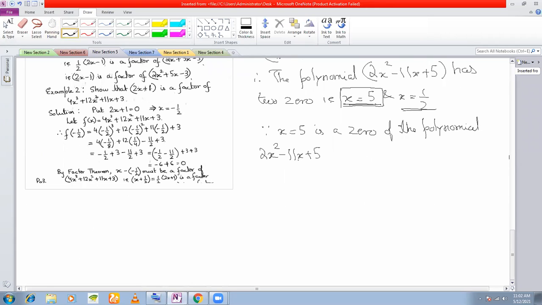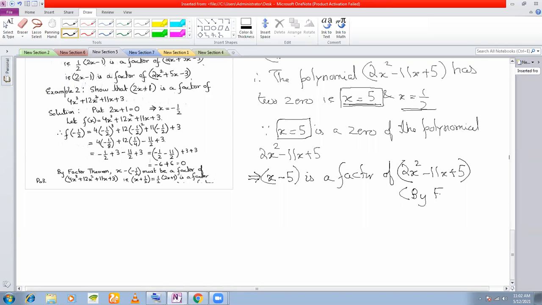So once we know a zero, then we can say from x is equal to 5, that means we can write x minus 5 is a factor of 2x square minus 11x plus 5. Right? This you can say by factor theorem.